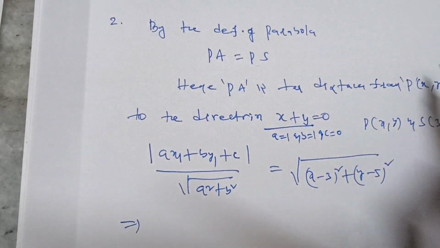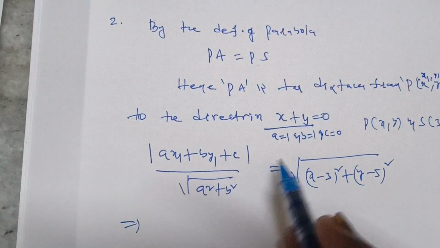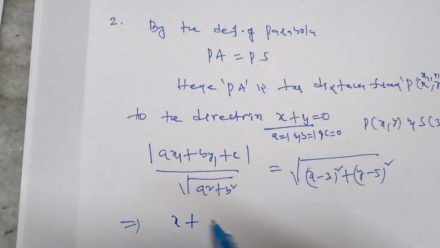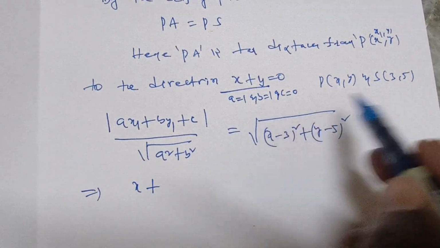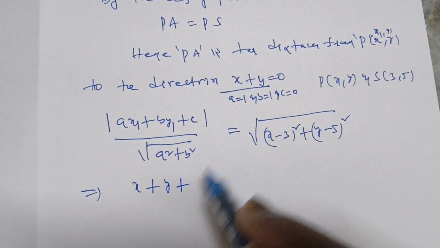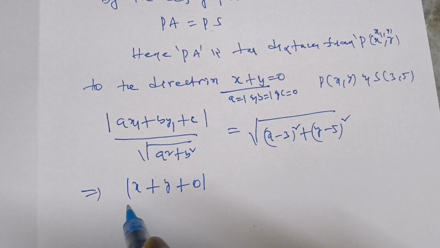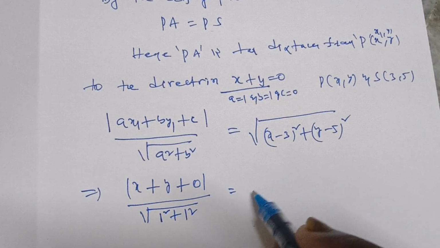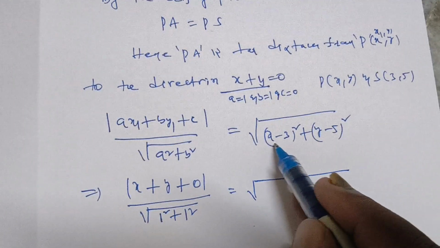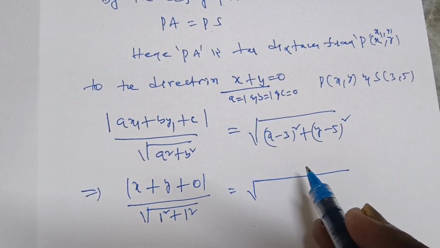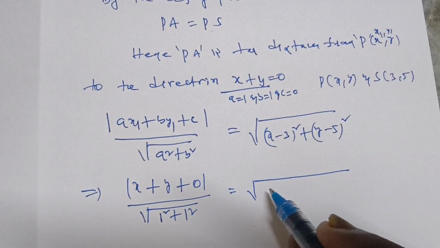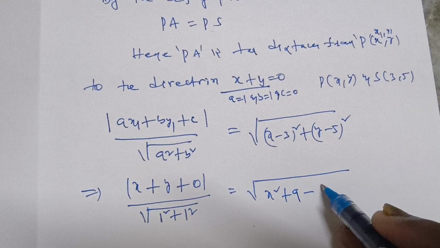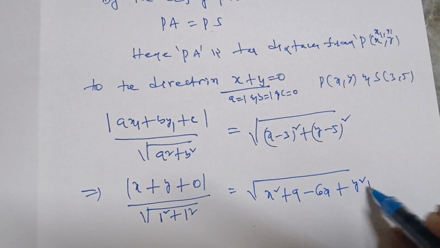P is (x1, y1), so a x1 is x, plus b y1 is y, plus c value 0, modulus, by square root of 1 square plus 1 square, is equal to square root of (x - 3) whole square plus (y - 5) whole square. Using the (a - b) whole square formula, that is x square minus 6x plus 9 plus y square minus 10y plus 25.